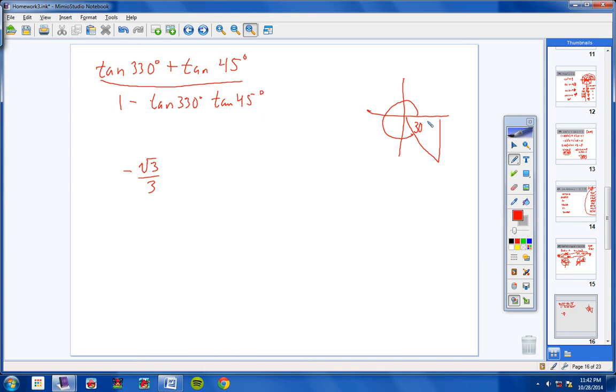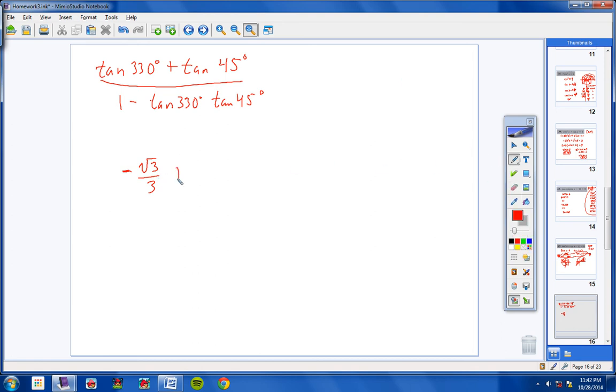And remember, tangent is negative here. The sine sequence goes sine, cosine, tangent, okay, negative. And then if you look on your chart that you have, the tangent of 30 is square root of 3 over 3. Okay, so that's where that came from.